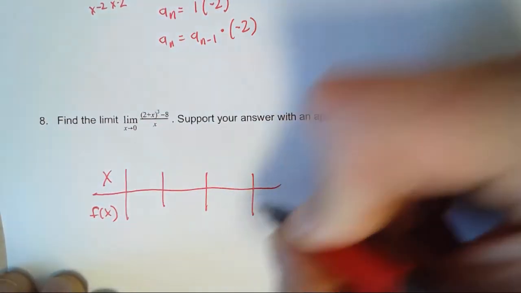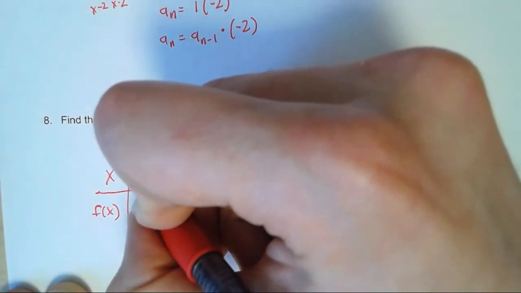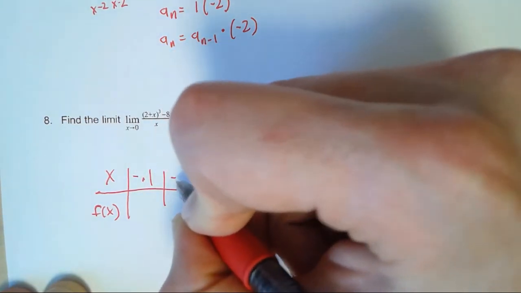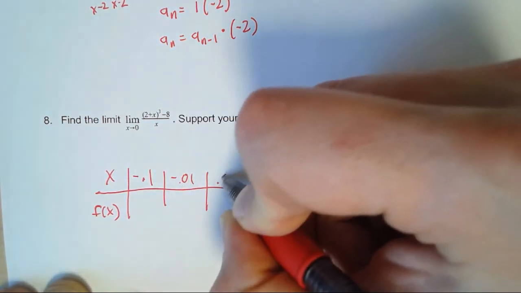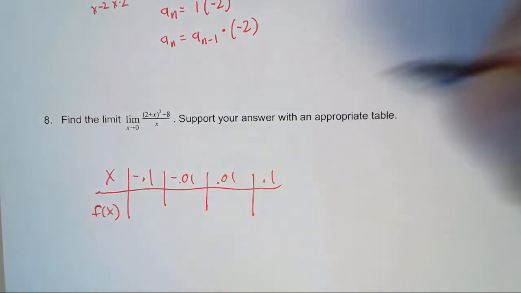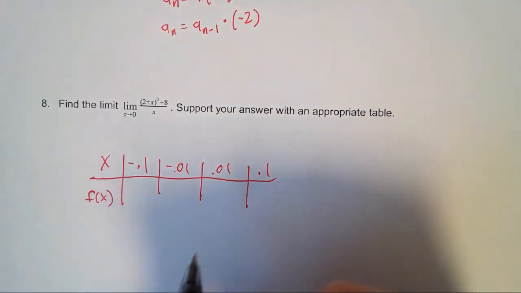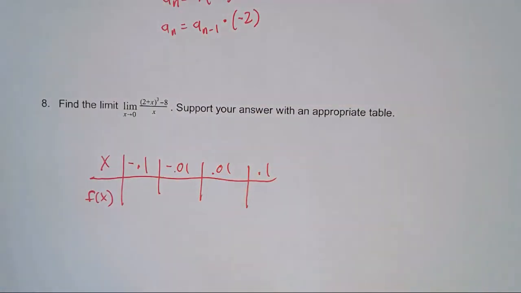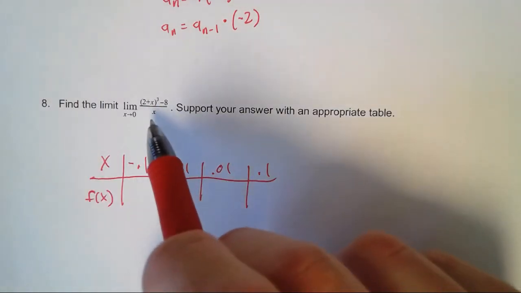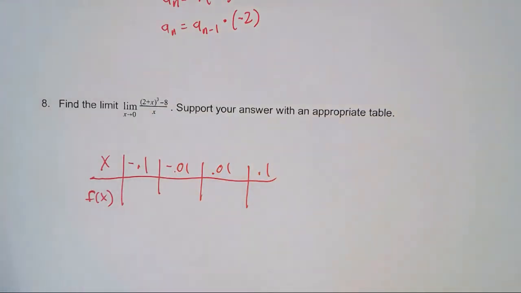And I'm only going to put in several numbers. So negative 0.1, negative 0.01, 0.01, and 0.1. Those are the values we want to be plugging in so that we can find what the limit is. Because obviously we can't plug in 0 because we would be dividing by 0.